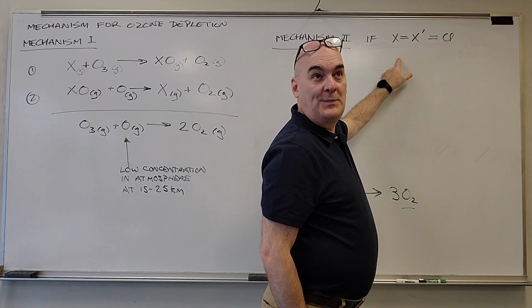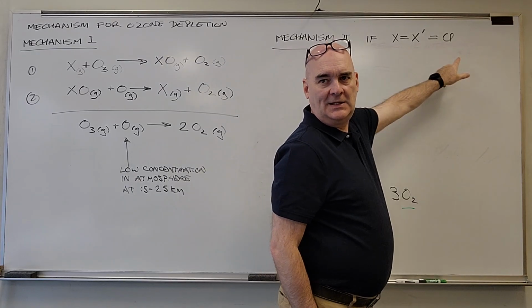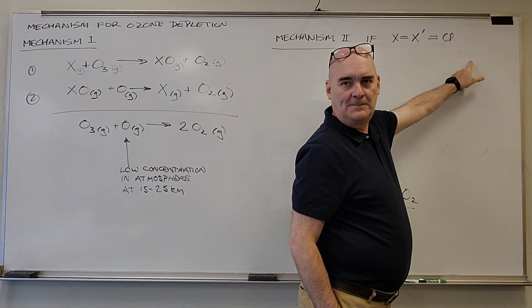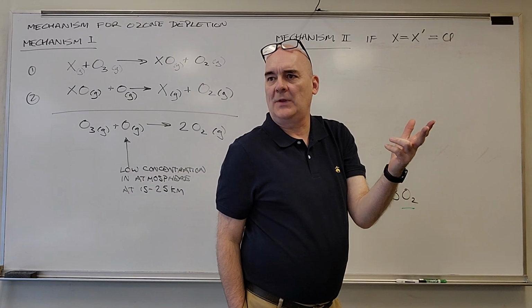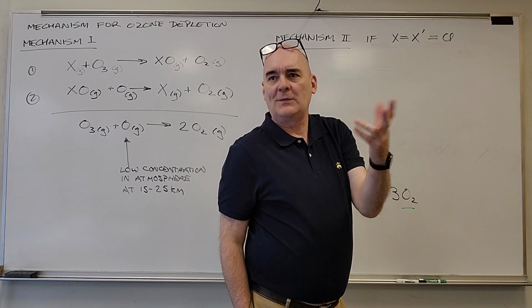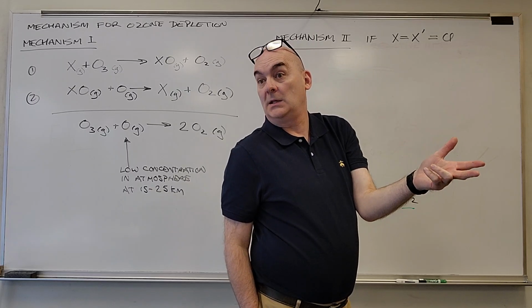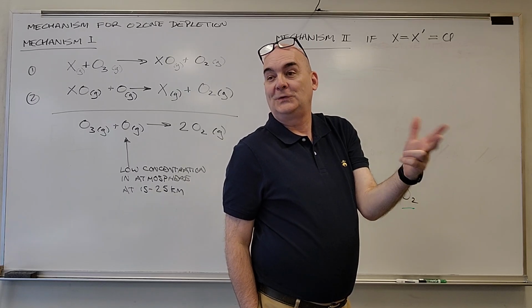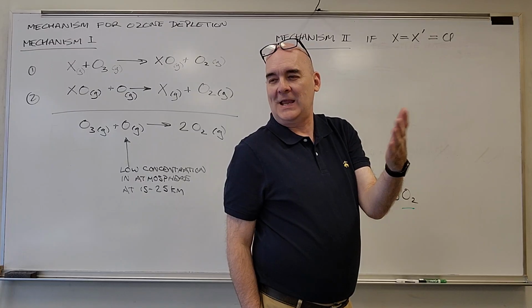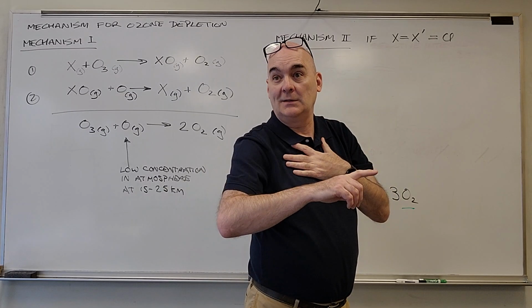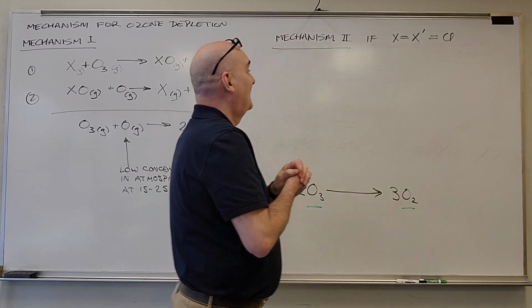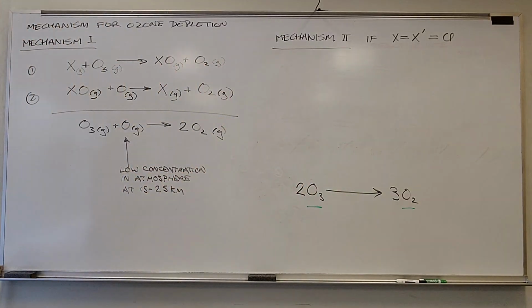If they're both the same thing, and in this case I want you to make it be a chlorine, then line 1 and line 2 are the same thing. If you write them both out separately, fine. But you'll realize that it's the same thing twice, so just put a big 2 in front of everything. Okay. And then line 3 is different.